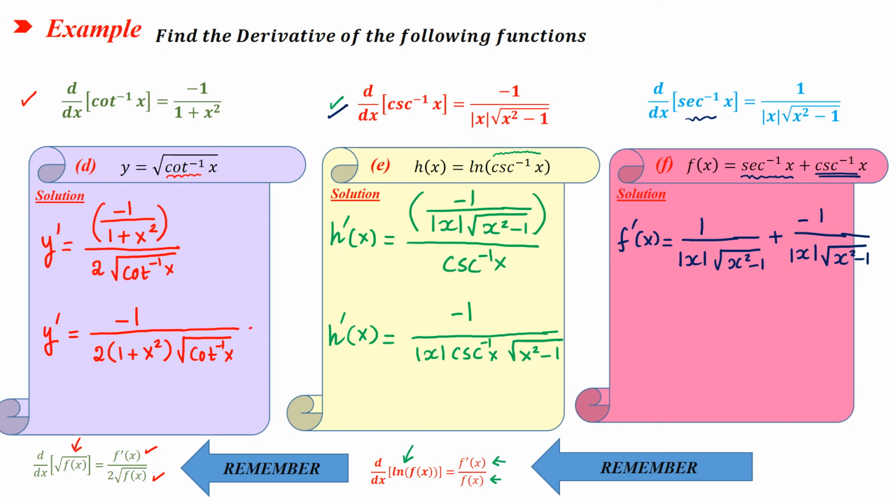Since we have the same terms, this one minus this one equals 0, so f prime of x equals 0, which means that the function we have in part F is a constant function. And that's it. Thank you.